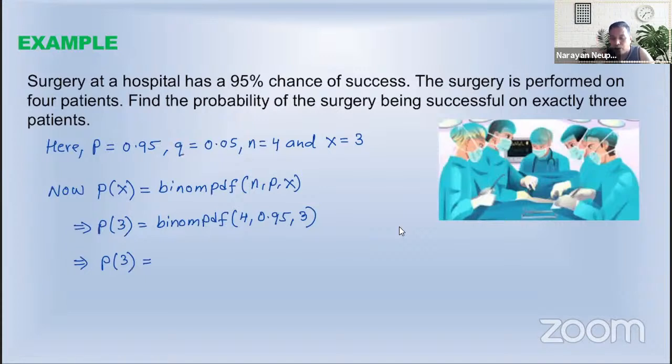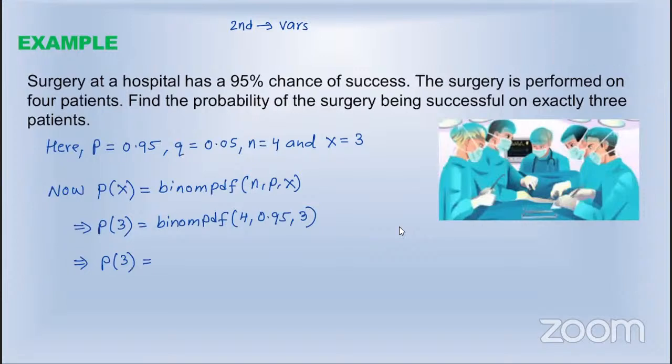So what we do first is press second, and then press VARS. When you press second and VARS, you'll see the list there, right? But when you look at that list, you don't see binomial PDF.